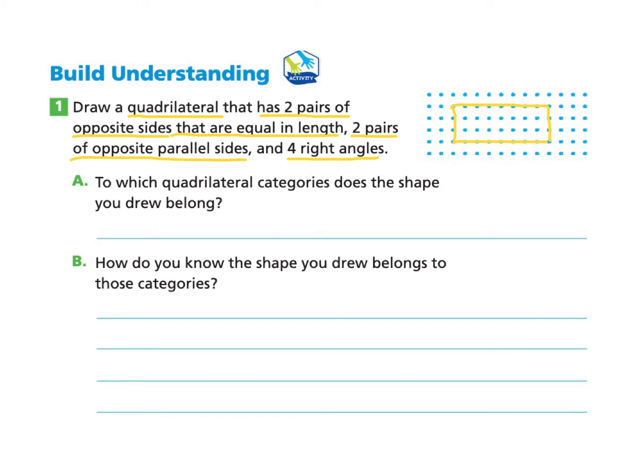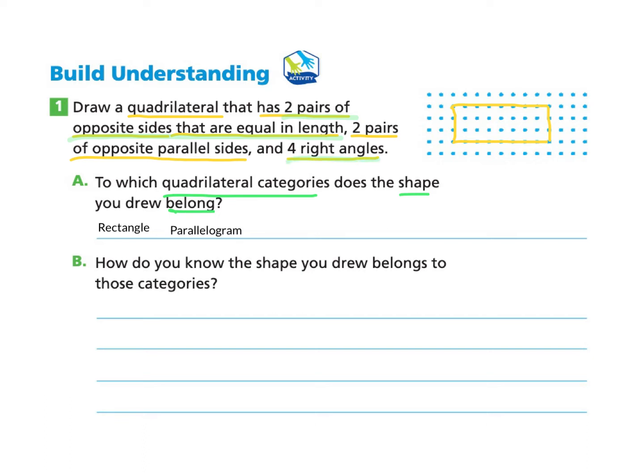Then part A asks, to which quadrilateral categories does the shape you drew belong? Well, right away, I noticed that this shape is a rectangle because I know that a rectangle has two pairs of opposite sides that are equal in length, and it has four right angles.